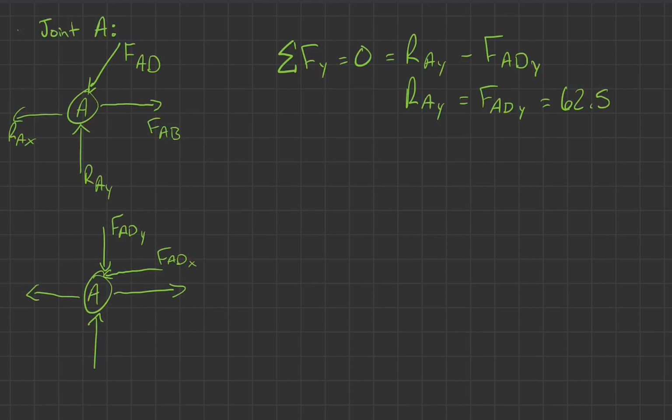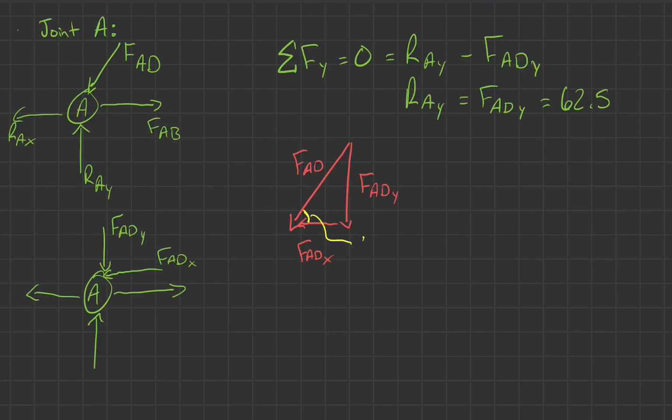So if we draw AD, it looks like this. This force AD has its Y component, force AD in the Y direction, and then it's got this X component here, force AD in the X direction. Okay, so using that triangle, you remember we had an angle here.